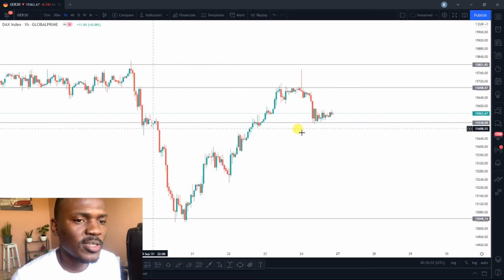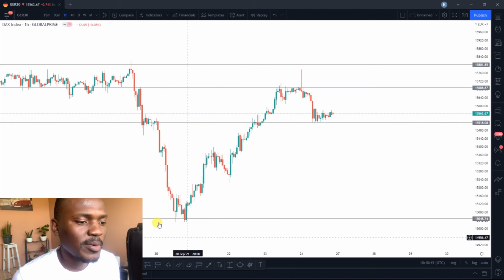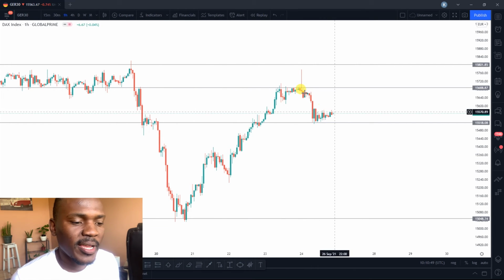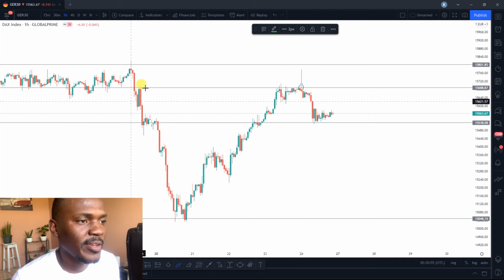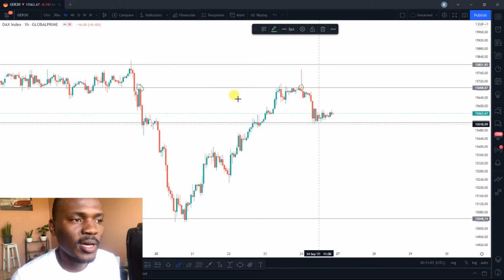So every time, guys, every time it broke this level, which is our support and resistance, it went down, came back to retest it, and then went down, and then came back to our major support, and then the market shot up, came back again, respected this resistance. If you look on your left, you can see it respected this, then it went down.